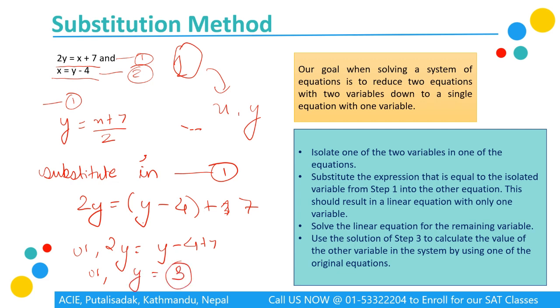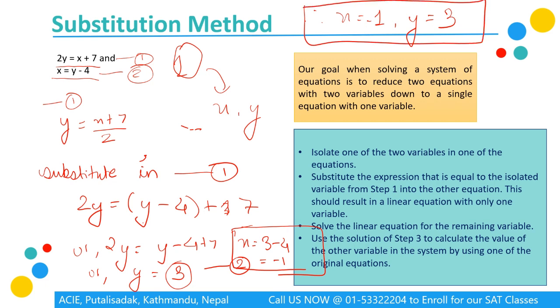So the value of y is 3, and now we can use the value of y and substitute it again in equation 2 to give us x is equals to 3 minus 4 is equals to minus 1. Therefore, x is equals to minus 1, y is equals to 3. This is how we use substitution method.